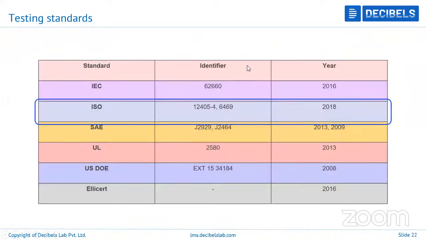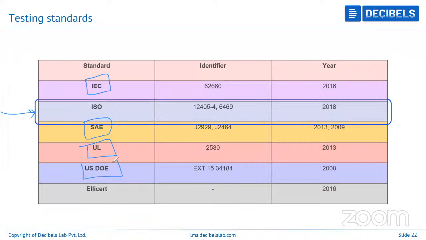Finally we have the different testing standards. So far we have seen mainly ISO. But there is also IEC, which is meant for global applications. We have SAE, which is most commonly used in automotive applications. UL is also one of the major standards. It is used not only in automotive applications but also in household applications.